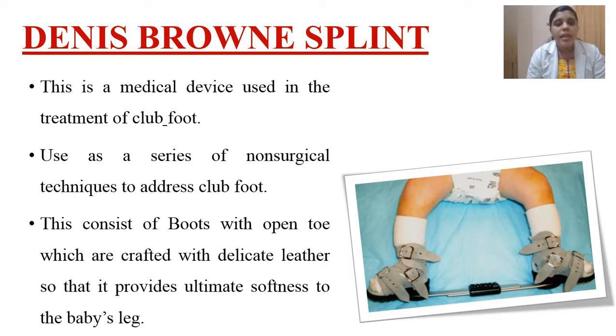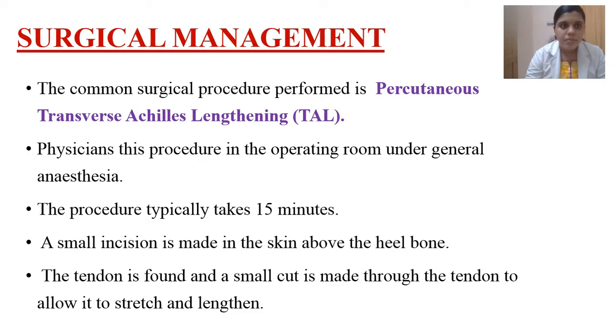The major peculiarity of the Dennis Brown splint is that it consists of two boots with an open toe, made of delicate leather to provide maximum softness to the baby's foot. So casting can be done, and if the problem is not solved, the parents or the physician can suggest a Dennis Brown splint. This is a non-surgical method for the management of clubfoot.